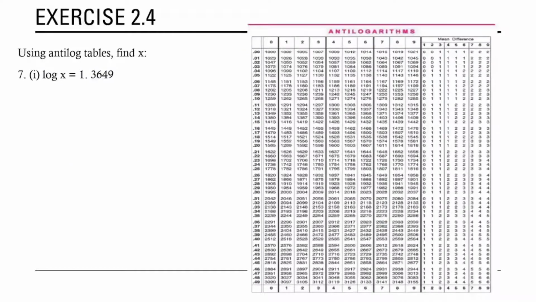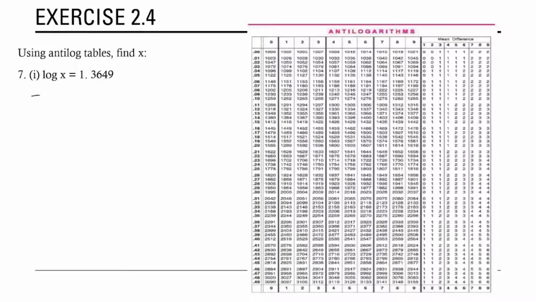The next question. These are the questions from exercise 2.4 using antilog tables. Find x. First subdivision, log x is equal to 1.3649. Here again the first step is to check whether the mantissa part is positive. It is positive.